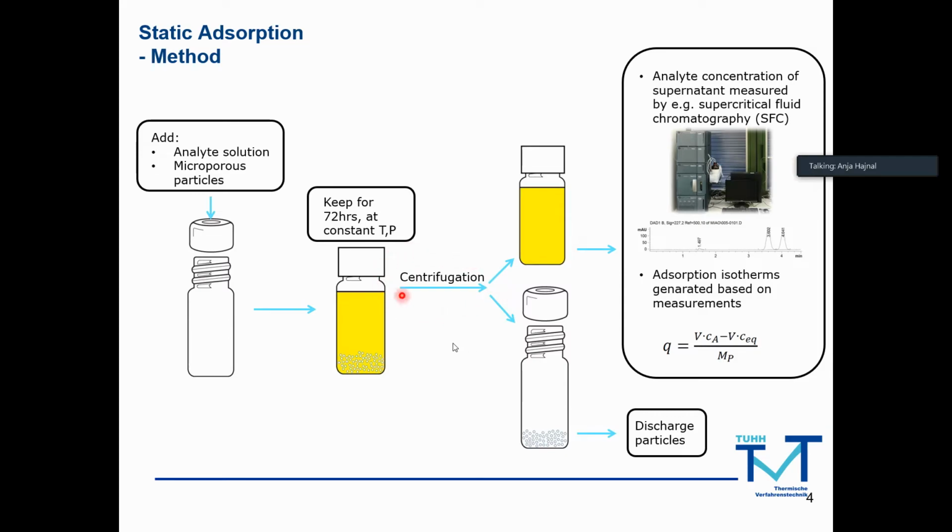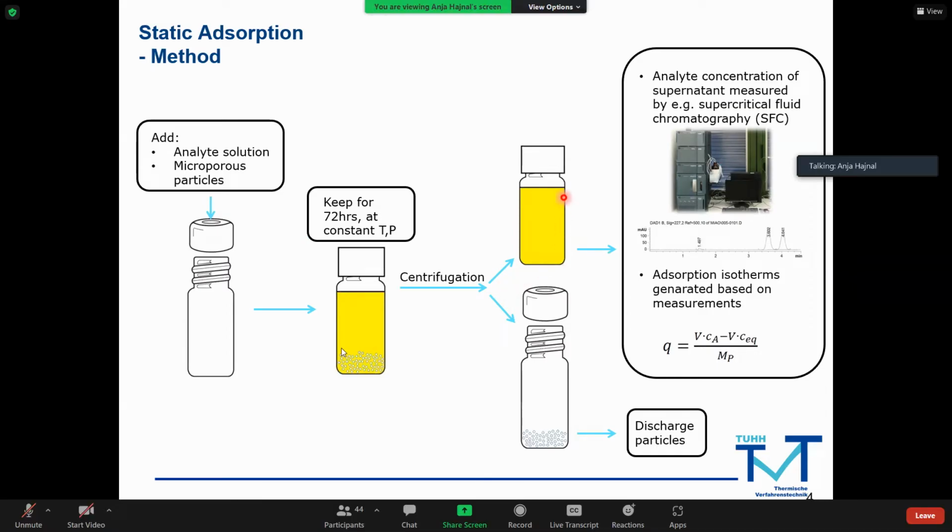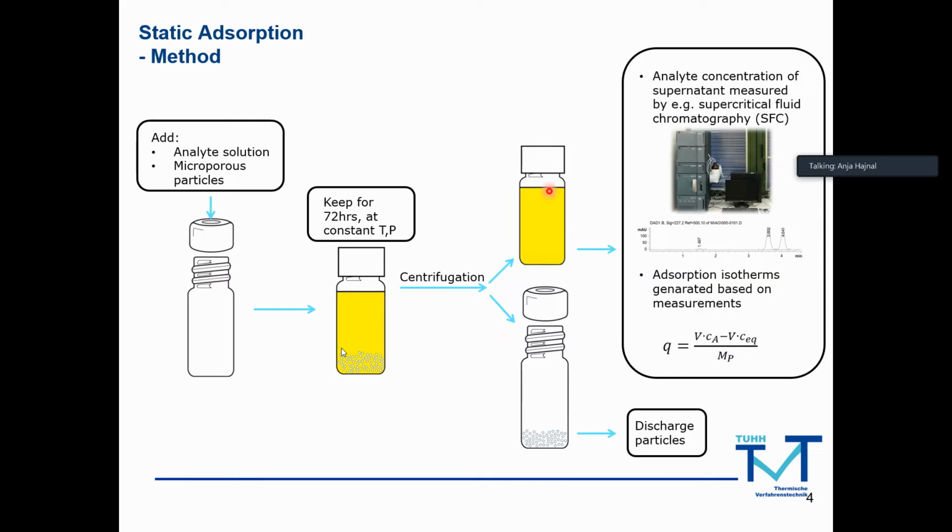Then we separate the solid from the liquid phase, for example, by centrifugation. And then we measure the concentration of our target compound in the liquid phase. We can do this, for example, by using chromatography, or in this case, supercritical fluid chromatography. This is how we know how much of our target compound we began with and how much we ended up with. And we can also know how much has been adsorbed and determine the equilibrium line, so our adsorption isotherm.